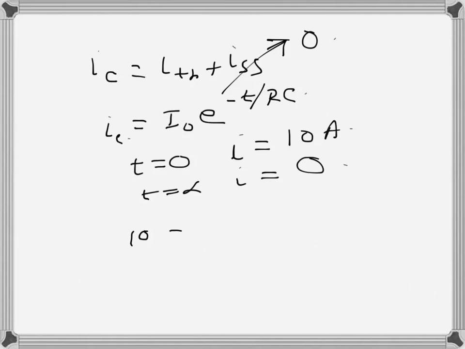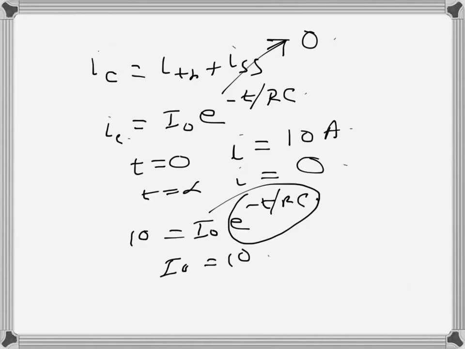So this one is 10 and this one is I naught e to the power minus t over RC. Of course at t equal to 0, this becomes 1, so I naught is 10.